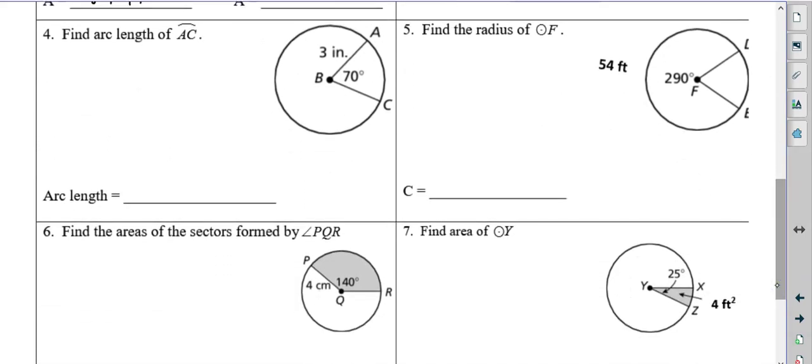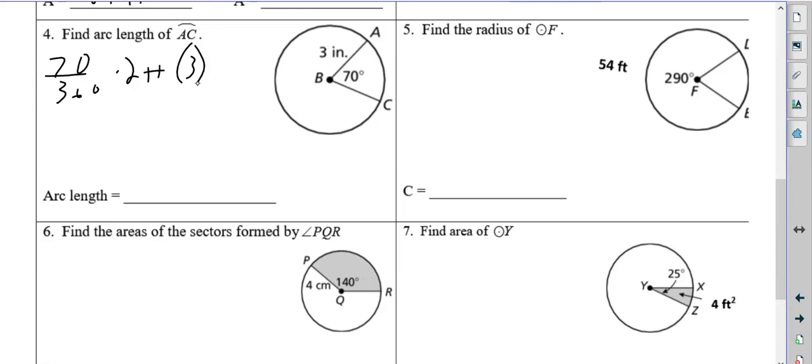Find the arc length of AC. Well, we take the measure of our arc, which is 70, divided by 360, times 2 pi radius, which is 3. So if you just do 2 times 3 is 6, times 70 is 420 over 360.